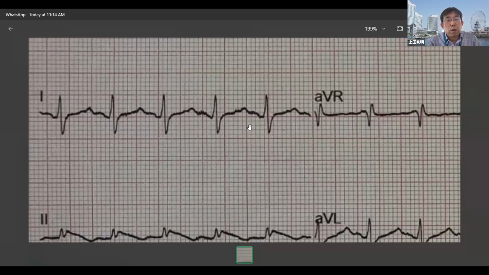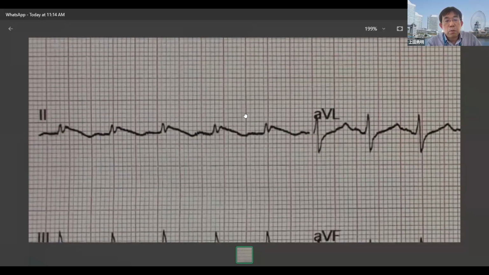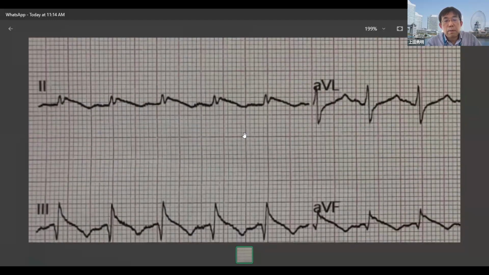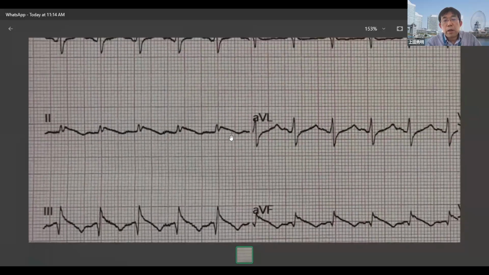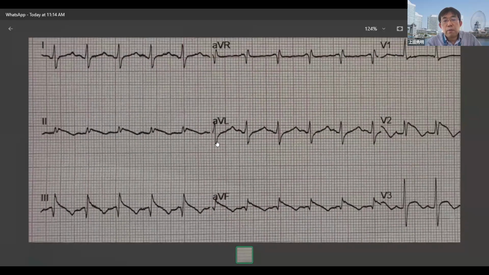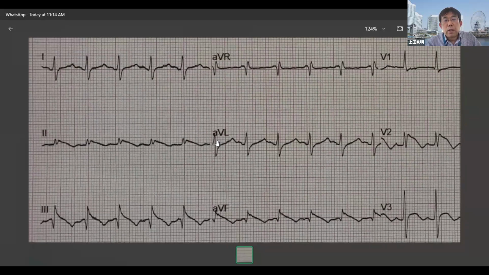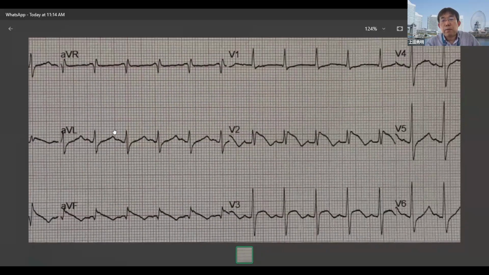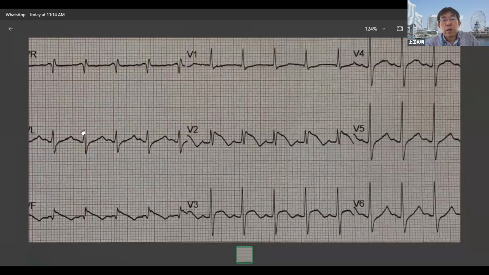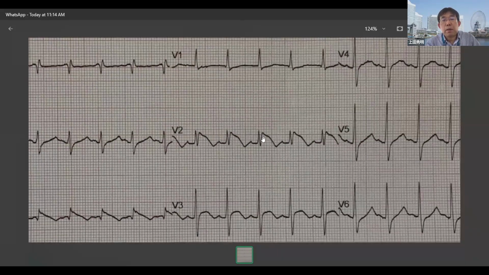You see leads 1 and 2 and maybe 3. Can you show us 1, 2, 3? Yeah, and aVL, aVR or aVF here. As you see, the aVF T wave is inverted, and looking at V1, the T wave is a little flat, but still you can see V2 as a saddleback pattern.